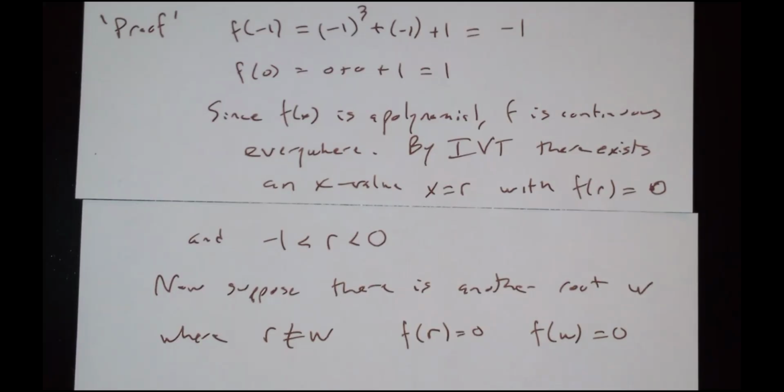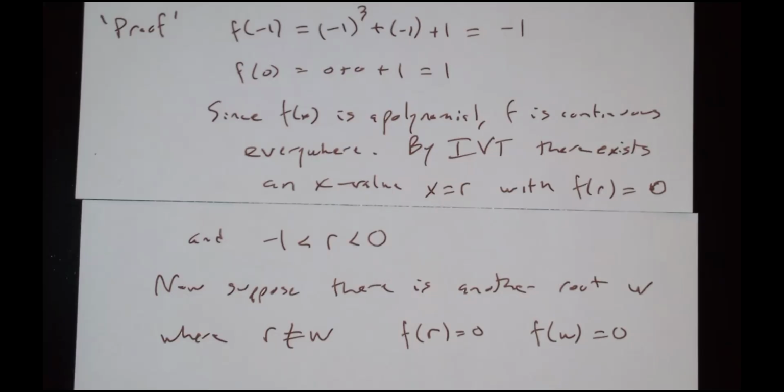Go back and look at Rolle's theorem. What are the three things I need to be able to use Rolle's theorem? Continuous, differentiable, and f of a equals f of b. Okay, up there on the screen in the paragraph, I see f is a polynomial, f is continuous everywhere.